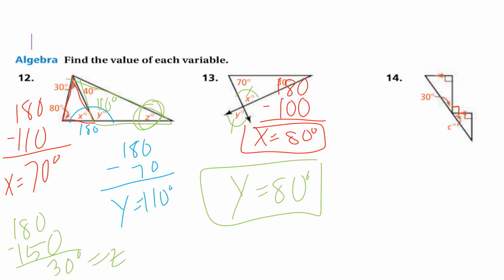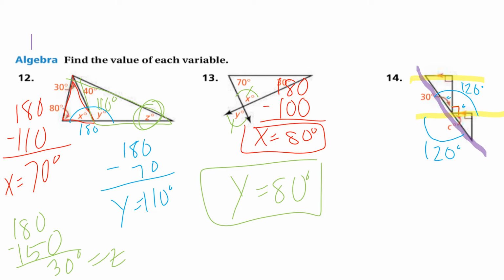Okay, so back to our parallel lines. Now we're going to work with this one as a transversal. I know that from here to here is 120, because this is 90 and this is 30. So from this parallel line to the transversal, that whole thing is 120 degrees.